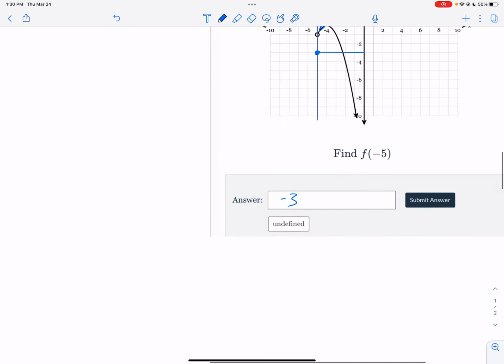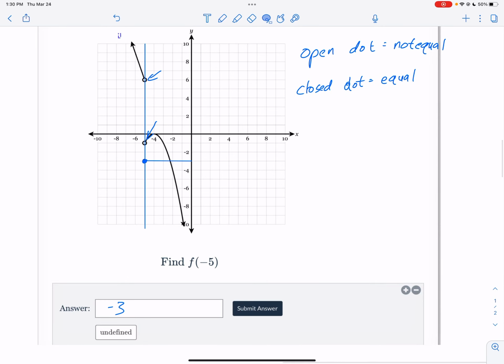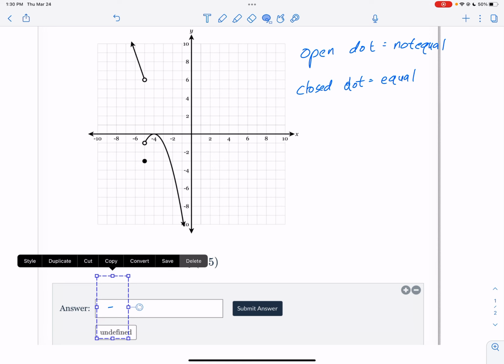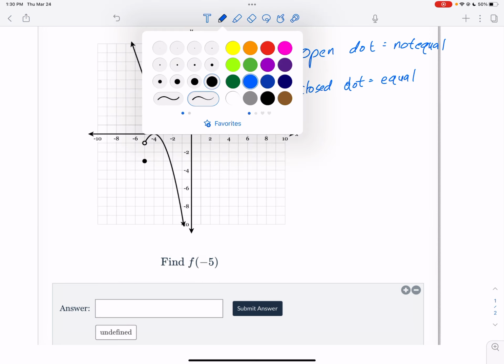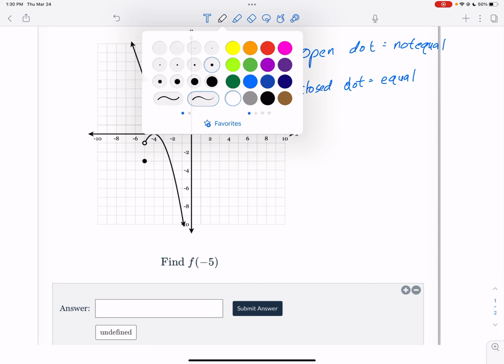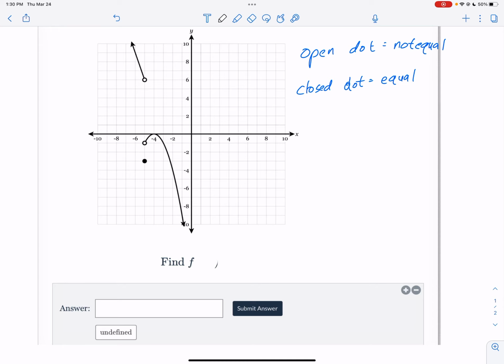And what's interesting about this, sometimes they give you this and they make it a little confusing. They might say something like, what is f of -4?